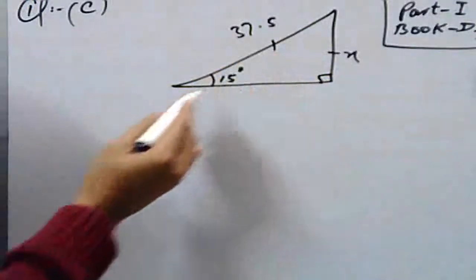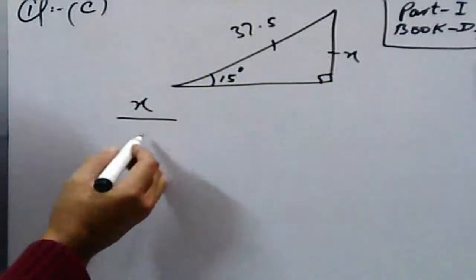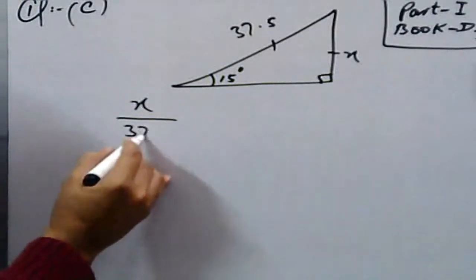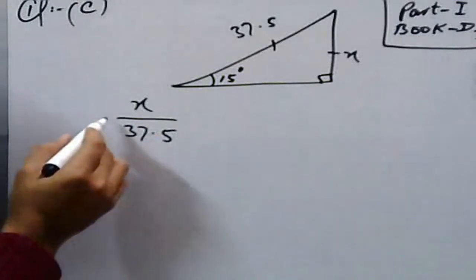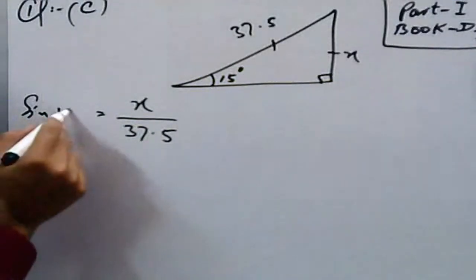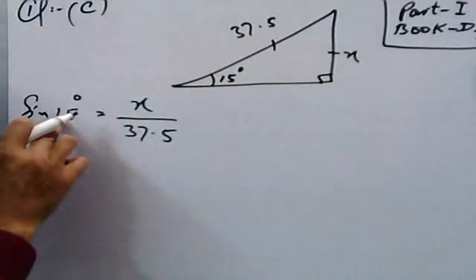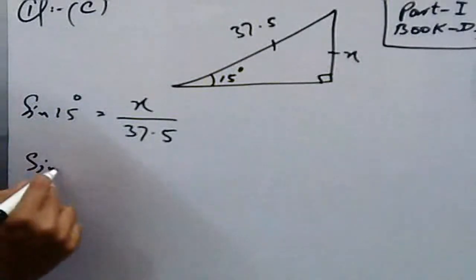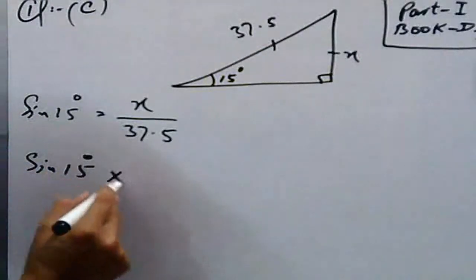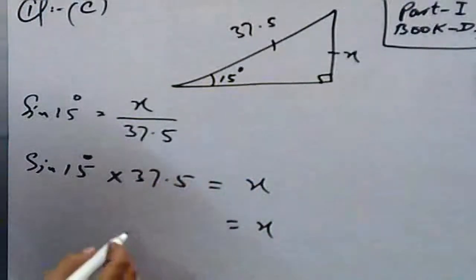So you can take the ratio, that opposite by hypotenuse is known as, what we have discussed yesterday, sine. So sine 15 degree, we need the value of x, so using cross multiplication you can get sine 15 degree multiplied by 37.5 is equal to x. So what is the value of sine 15?